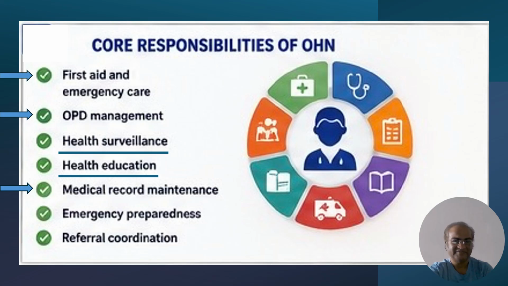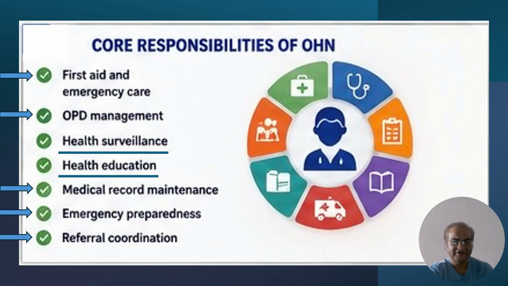Then comes medical record maintenance at the OHC. Then you need to be emergency prepared every day, every time, 24/7. Emergency preparedness is very important as an OHN in the occupational center also. Emergency preparedness is an integral part of our occupational health operation.